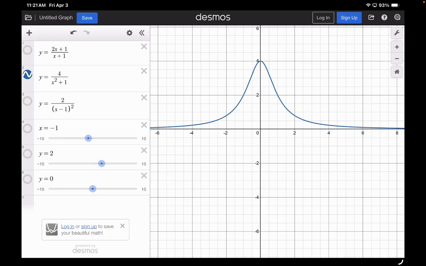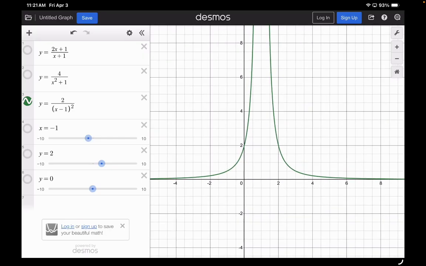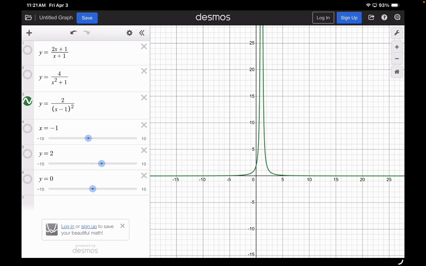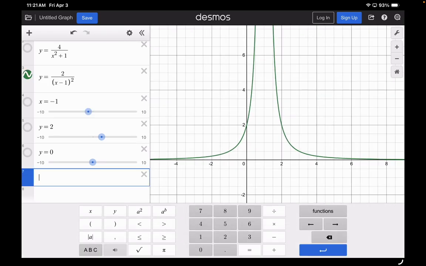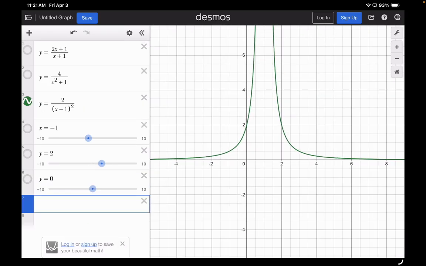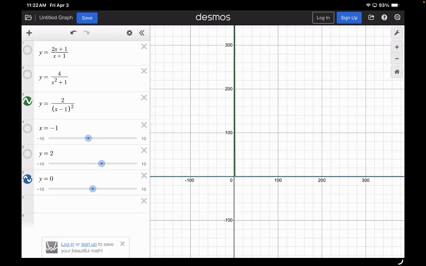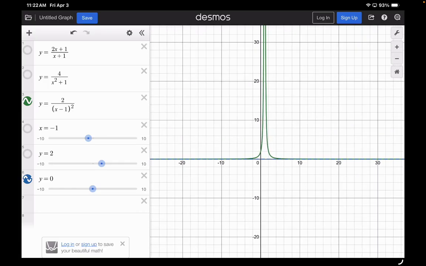All right, Cormac, can you help me out with h of x? For the horizontal, it's going to be y equals 0 again, right? So I'll turn that one back on. And then still no vertical? Oh, no. There is a vertical.